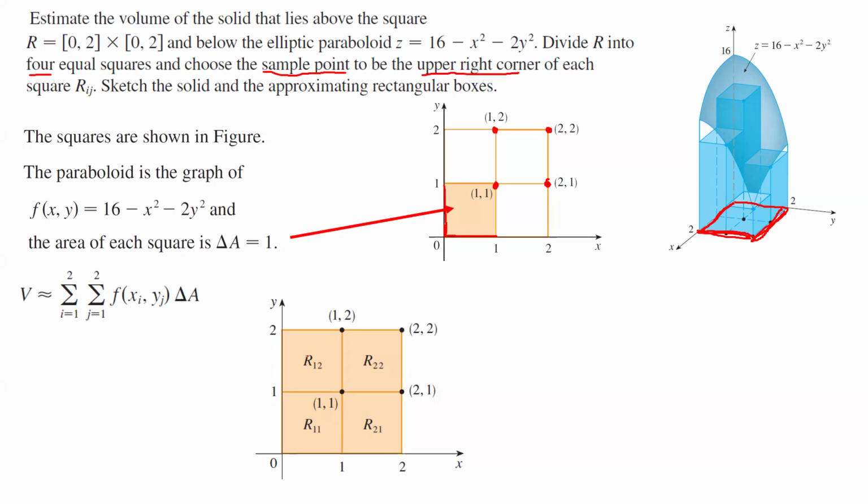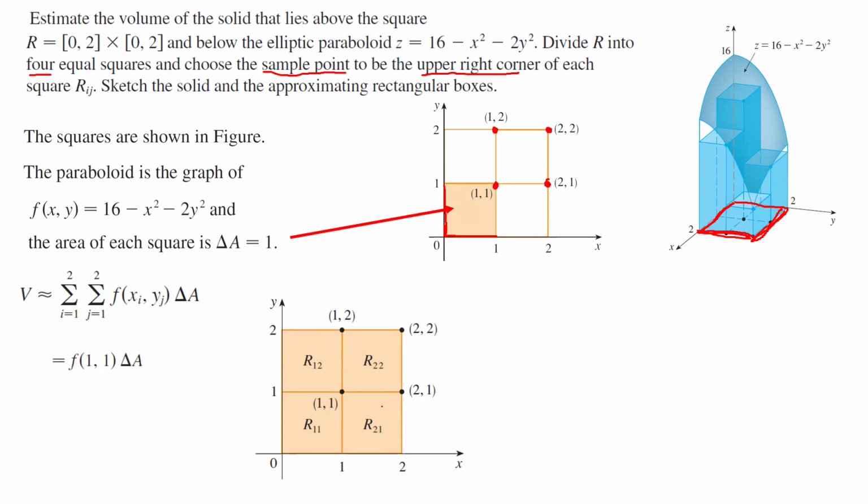Then R sub 1 and 2, R sub 2 and 2, which is connected to 2 and 2, and R sub 2 and 1, which is representing the area for the sample point. Now let us begin calculating.